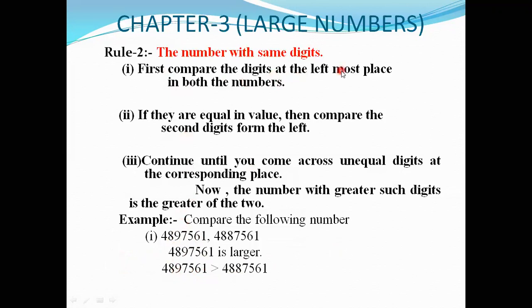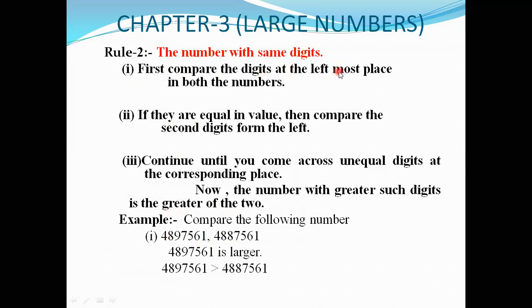First, compare the digit at the leftmost place in both numbers. If you want to compare any two numbers, firstly we compare the numbers according to rule 1. But if rule 1 fails, when does it fail? When the two numbers have the same number of digits. Here is 1, 2, 3, 4, 5, 6, 7, a 7 digit number, and this number also has 7 digits. Now go to rule 2.